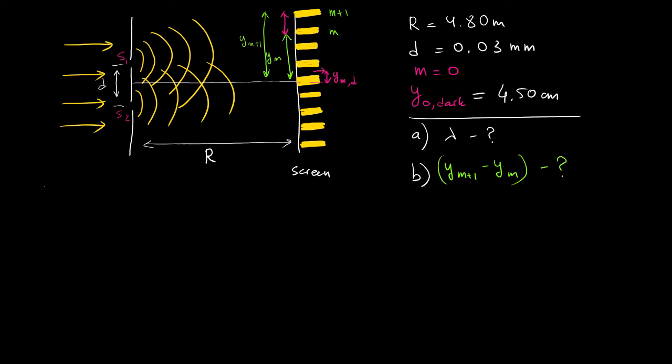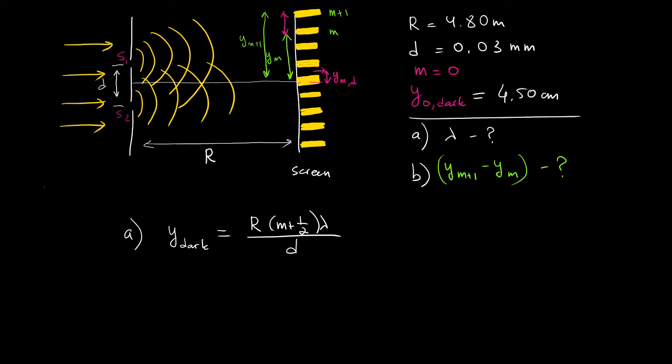For the first part of this problem, we know that for the dark fringes, the position y dark can be found as m plus 1/2 times lambda r over d.